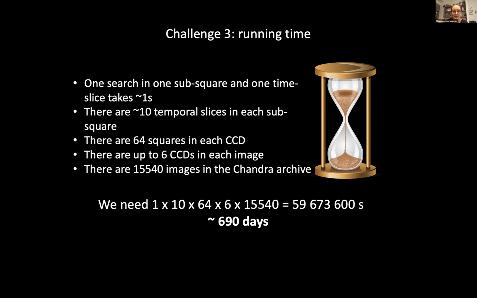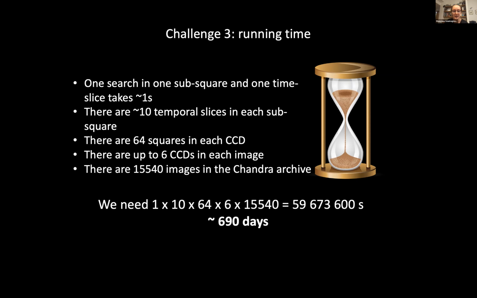If one search in one such square takes about a second, and given that there are about 15,000 images in the Chandra archive, we would need almost 2 years to run our blind search on the entire archive. And this, of course, needs a solution because we want to tweak parameters like the duration of the transients we're looking for and run it several times, etc.